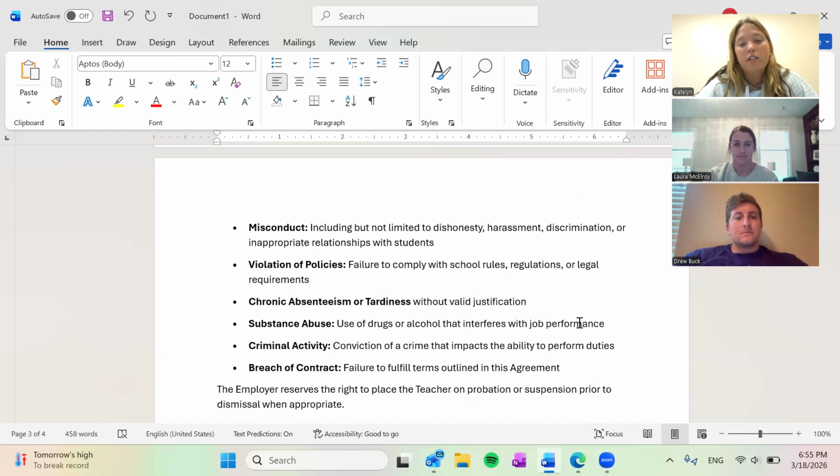Violation of policies: failure to comply with school rules, regulations, or legal requirements. Chronic absenteeism or tardiness, so if you're just not showing up without any justification. Substance abuse: use of drugs, alcohol, anything else that you shouldn't be doing that's interfering with your job performance. Criminal activity: conviction of a crime that impacts the ability to perform duties. Breach of contract: if you fail to fulfill the agreements that you signed above in regard to your responsibilities and what people are expecting of you.